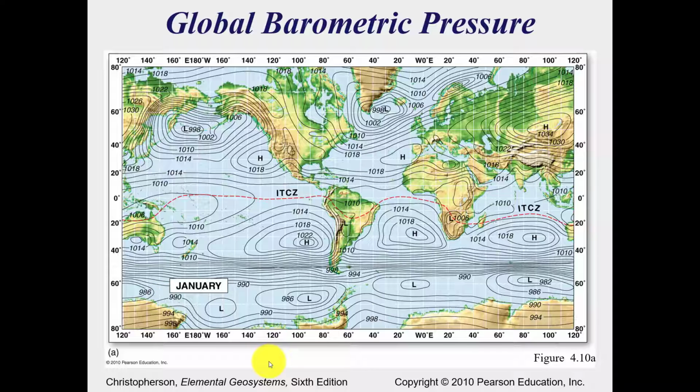This is a representative global map showing you conditions in January. What I want you to notice is that each of these lines has the same value, and that means if you were to trace, I'll pick one here near South America, if you were to trace any place along this line, the pressure would be equal to 1018 millibars. Now this is a very generalized map.